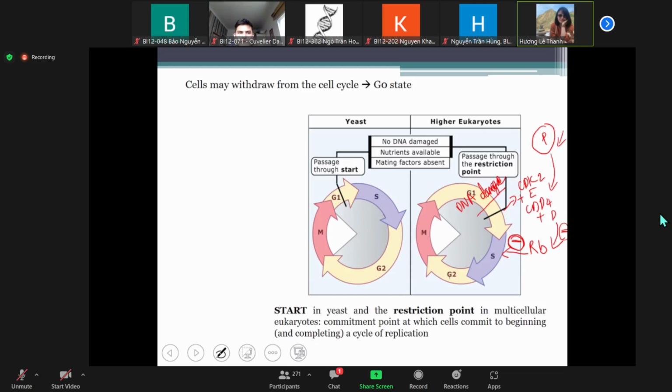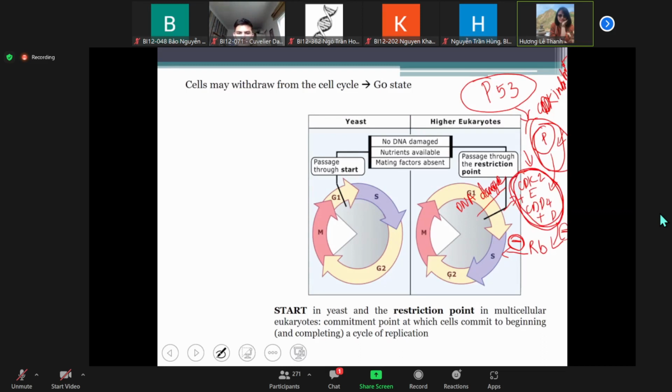here we have P53 proteins. They will produce a CDK inhibitor here. They will inhibit these two processes.